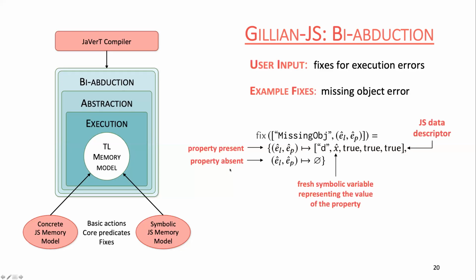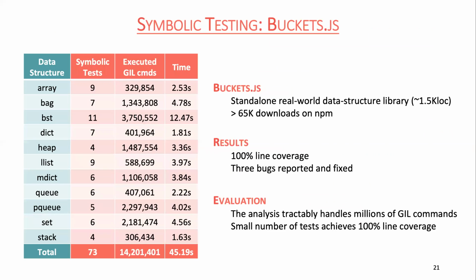But we also must have the absent case. This information is just saying not there. Given this particular symbolic location and property, we have not got the value. This is what we can do with what we have.